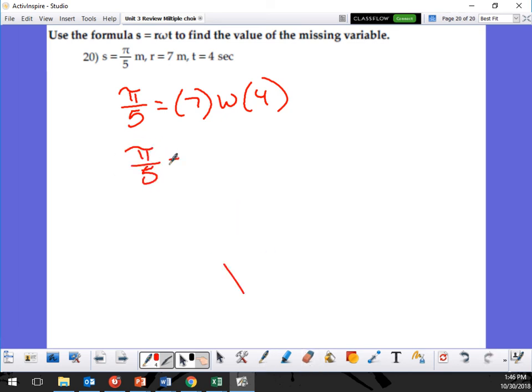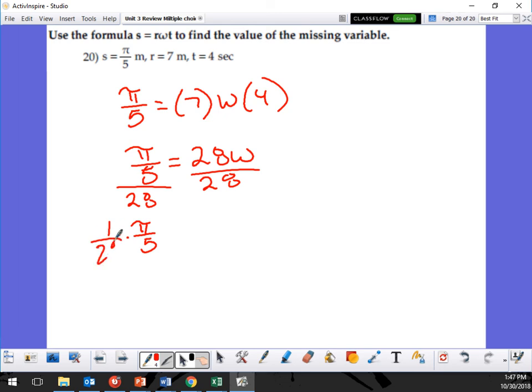So pi over 5 is equal to 28W. If I'm trying to get my W by itself, how do I undo that 28? Divide, right? Because it's already multiplying, isn't it? So I'm going to divide both sides by 28. It's the same as doing pi over 5 times 1 over 28.